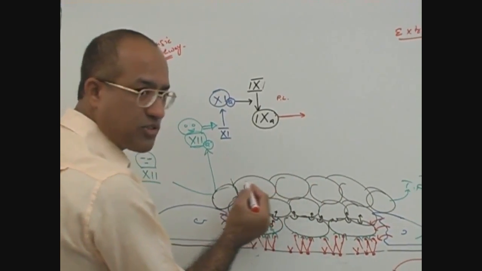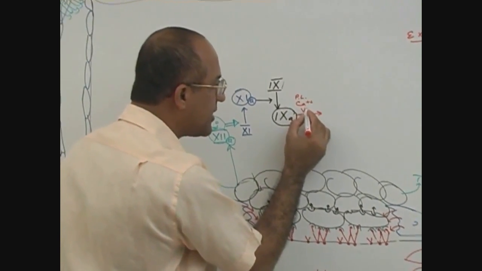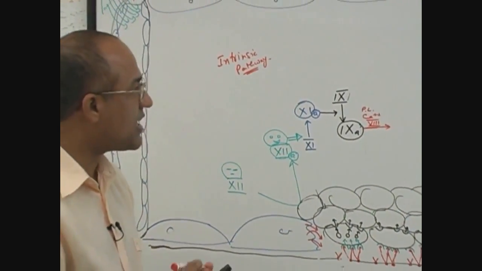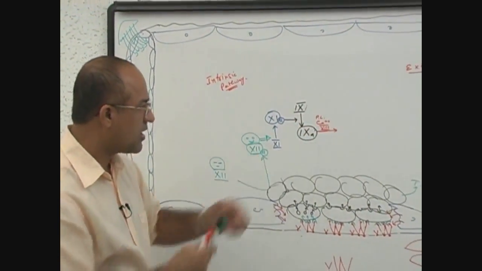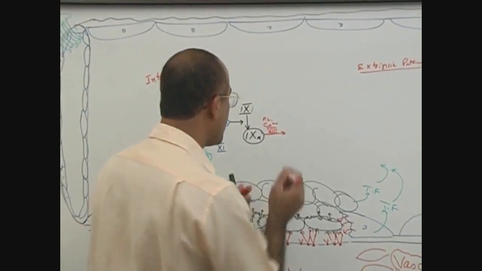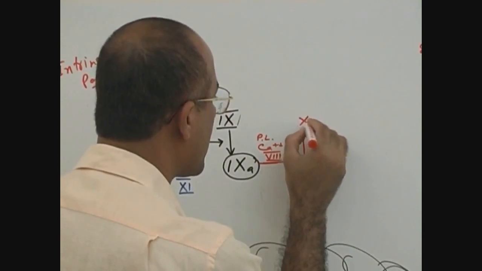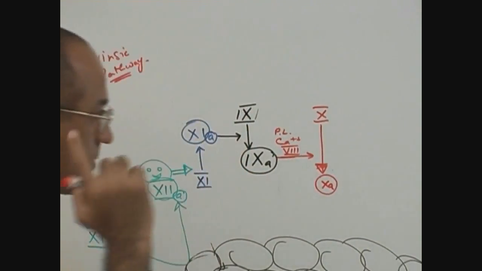Platelet surface has phospholipids. So factor number 9 in the presence of phospholipid, calcium and factor number 8 can now activate factor number 10.